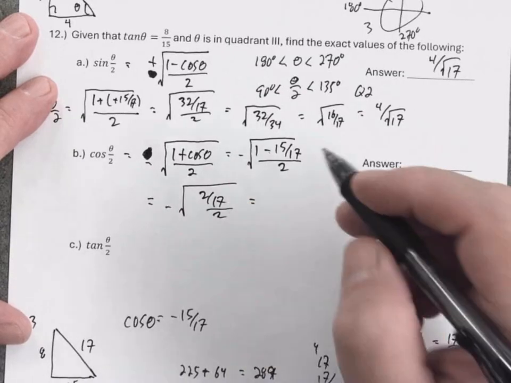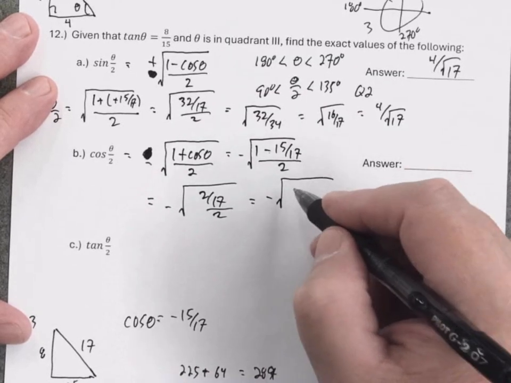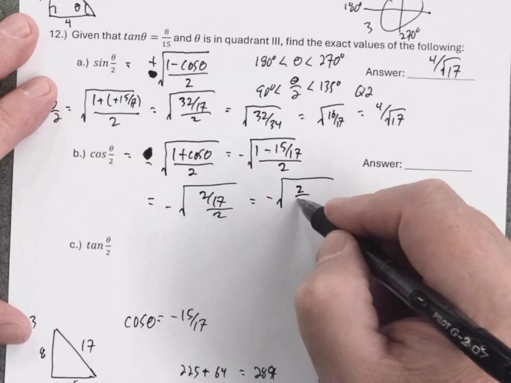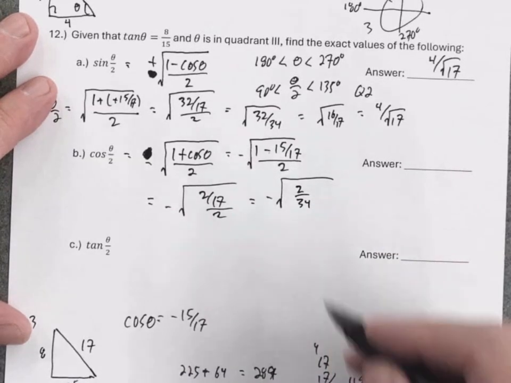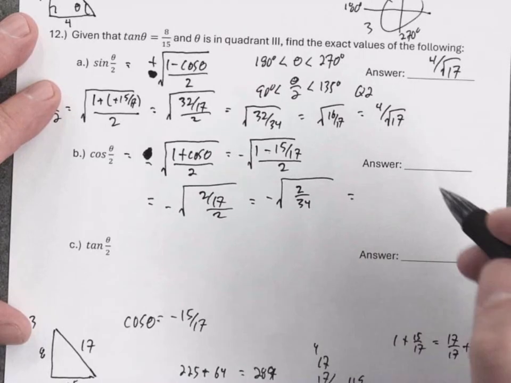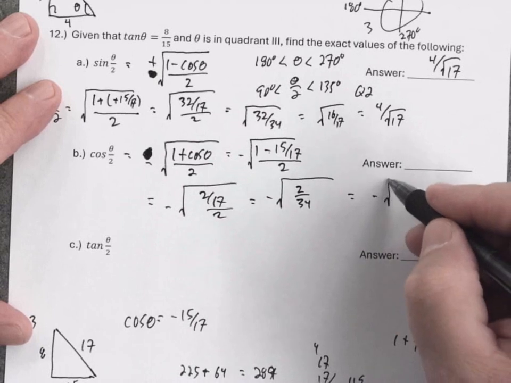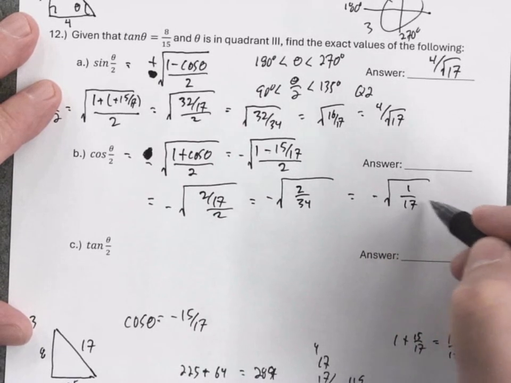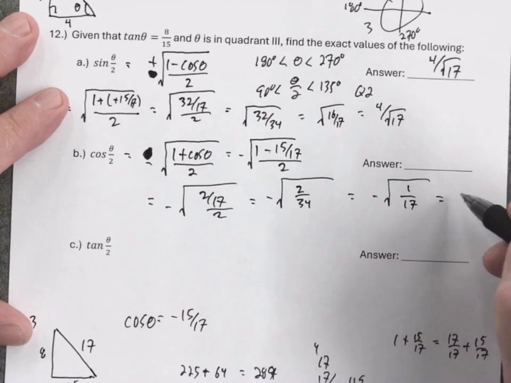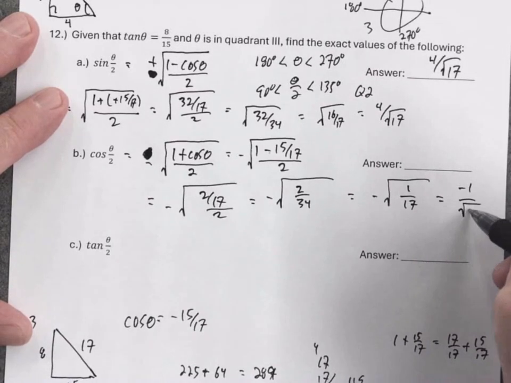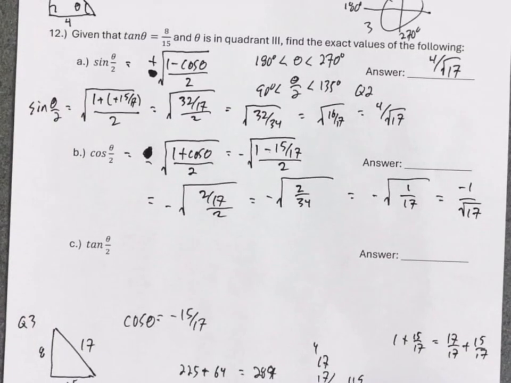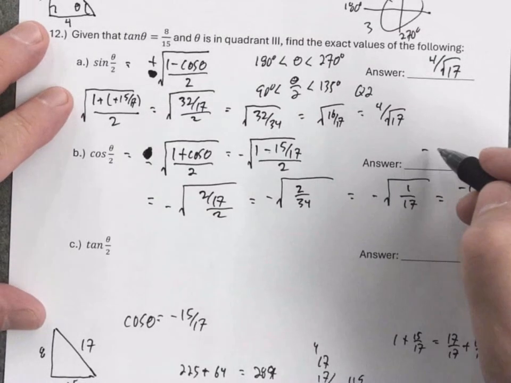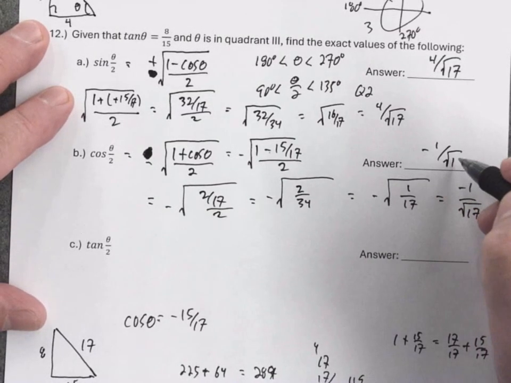I multiply the 2 times the 17. Can divide top and the bottom by 2. Now the square root of 1 is just 1, so I should be able to simplify this and come up with negative 1 over square root of 17.